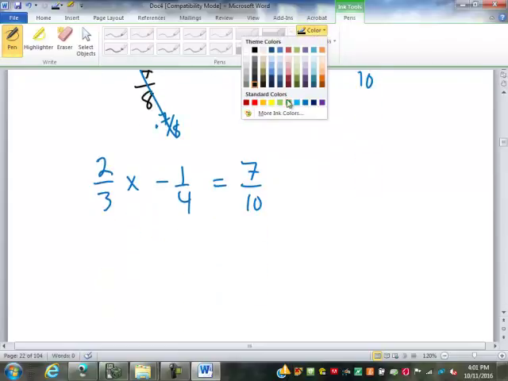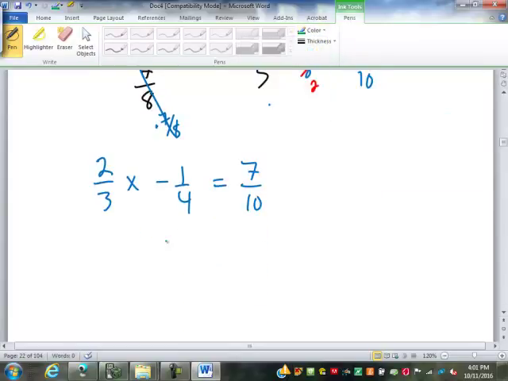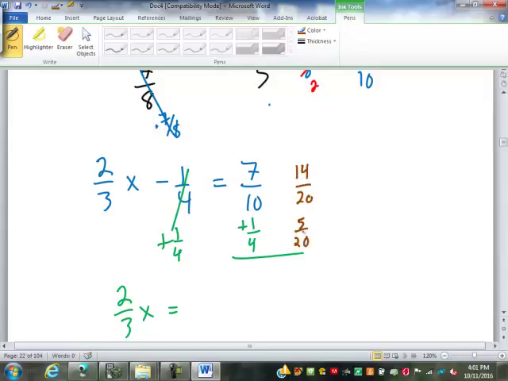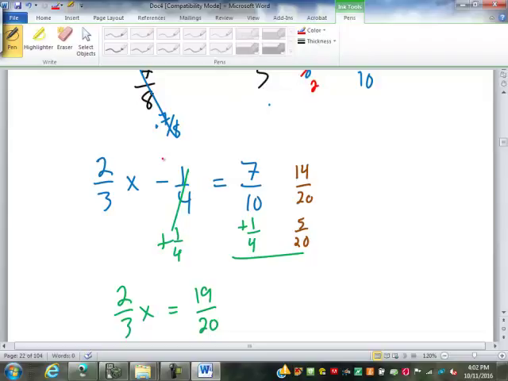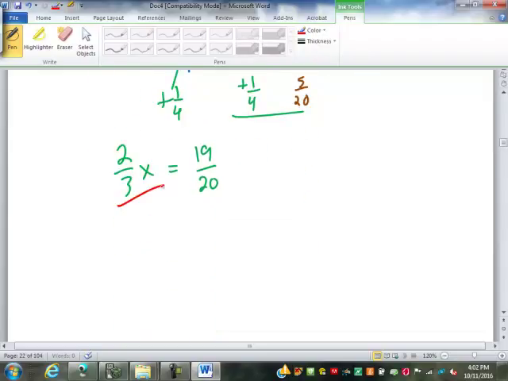Then what? Add 1/4. 2/3 x here. 7 tenths plus 1/4. Well, this is going to become 14 twentieths, and this is going to become 5 twentieths. So it adds to make 19 twentieths. And then divide by 2/3.